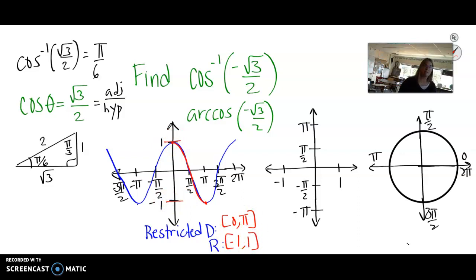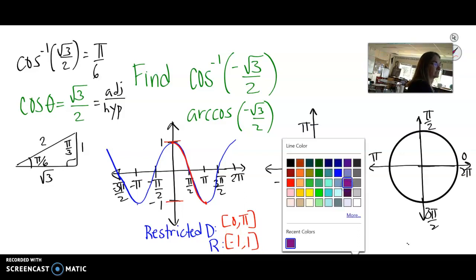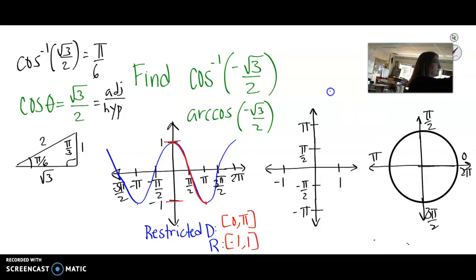Then we graphed the inverse, and recall that the inverse interchanges all these xy ordered pairs. So this point right here is at 0, 1. Notice that I switched how I labeled the axes. The y-axis is now in radians, and the x-axis is between negative 1 and 1.